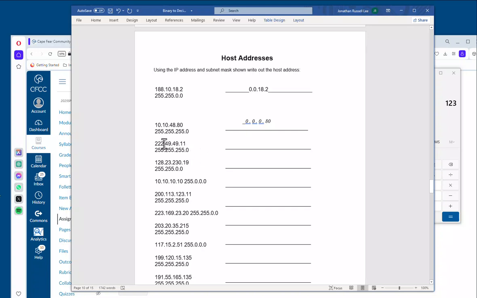So for this one, since we've got a subnet mask of 255.255.255.0, our host address is going to be 0.0.0.11. Easy enough, right? For this one right here, it's going to be 0.0.230.19.